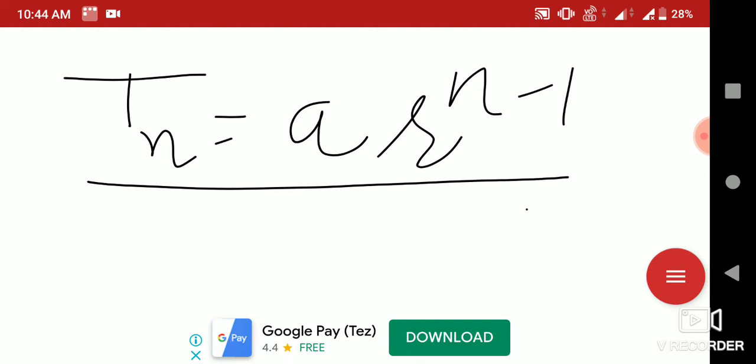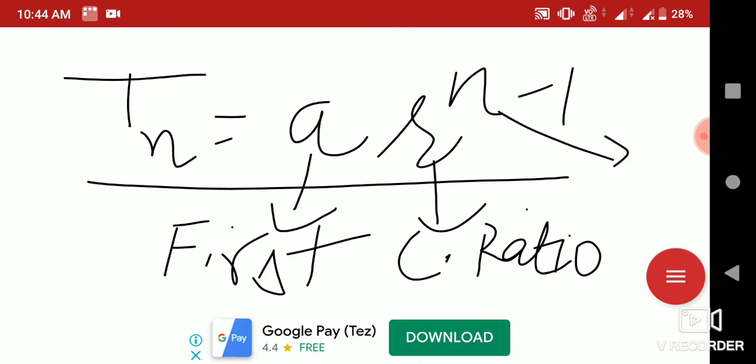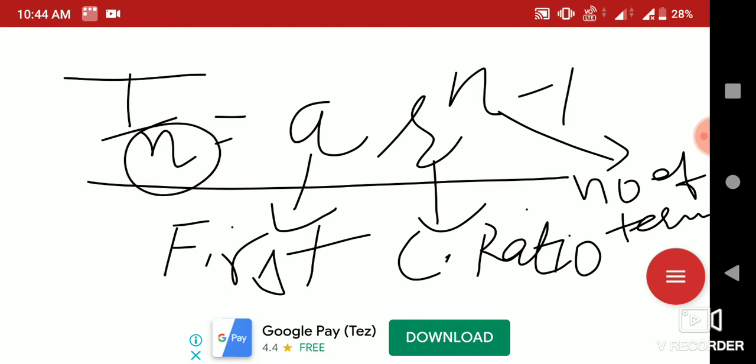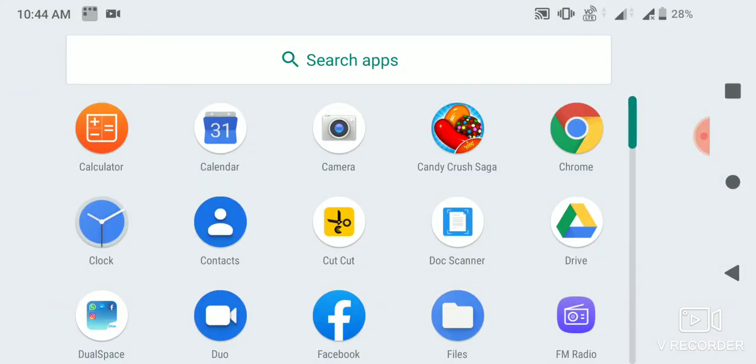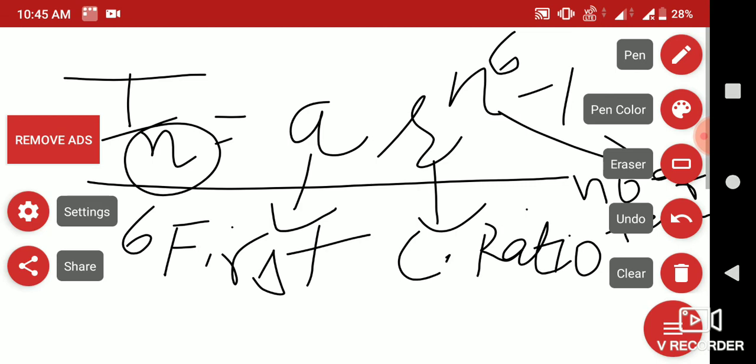This is the formula we have to learn. a is the first term, r is the common ratio, n is the number of the term. Whichever term number you have to find, if n is 6, then here we put 6. If n is 5, we put 5 here, right?